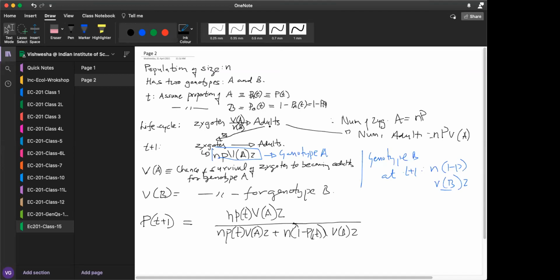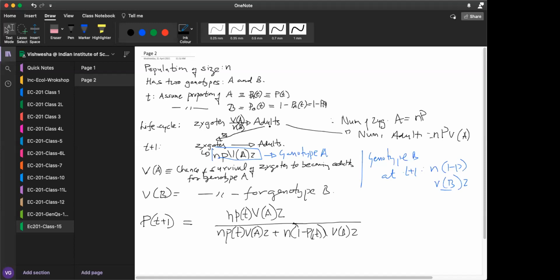Sir, how are we accounting for the adult population that is carried over from the previous generation? Because here the number of zygotes is n times P, right?